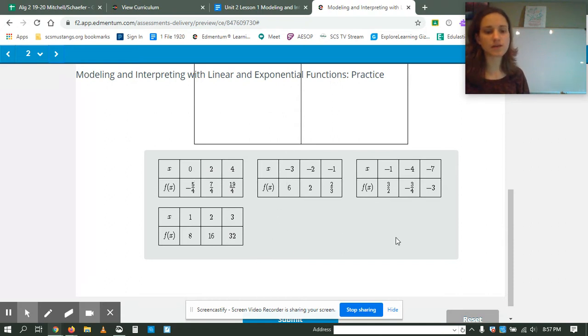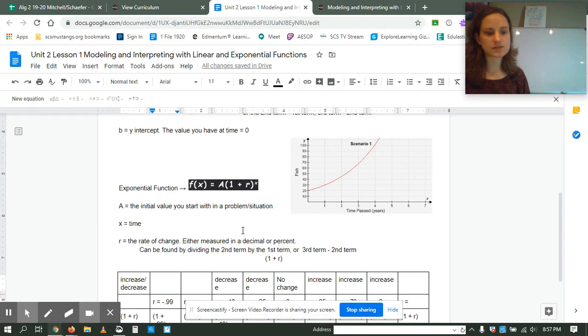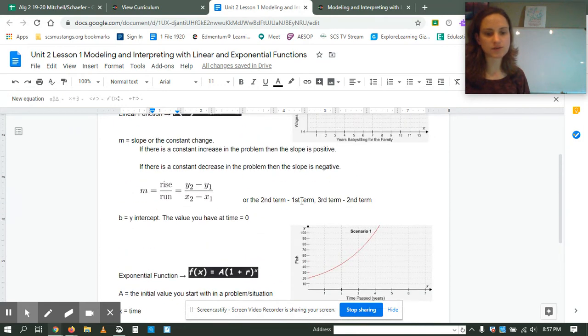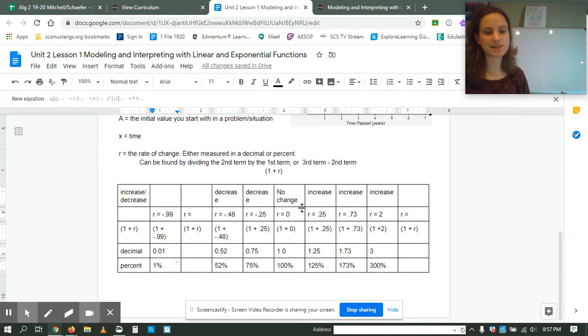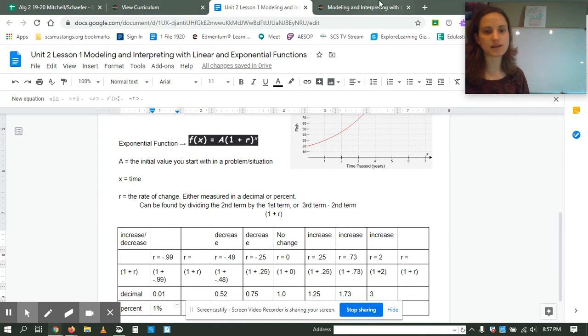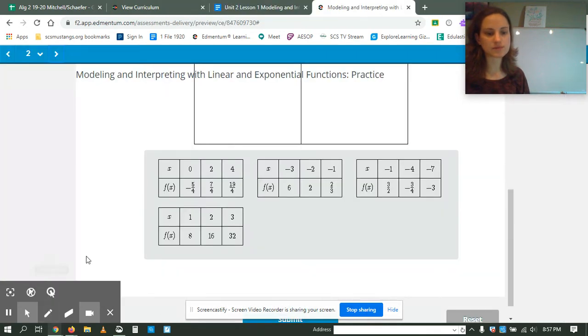If I start with the nicest looking one as an example, remember I told you our focus was going to be on subtracting first to figure out if there was a common difference, and if there wasn't, I would be dividing. That's what I'm going to be doing with these numbers. I'm going to do 16 minus 8.